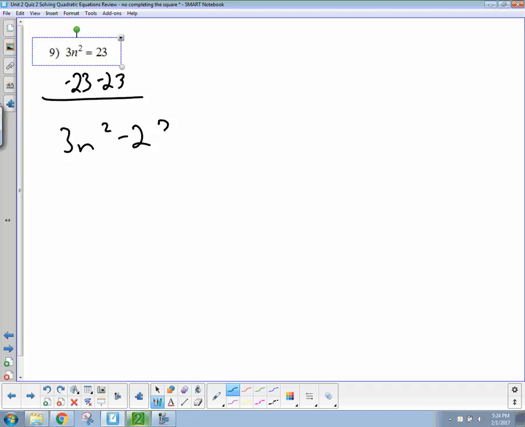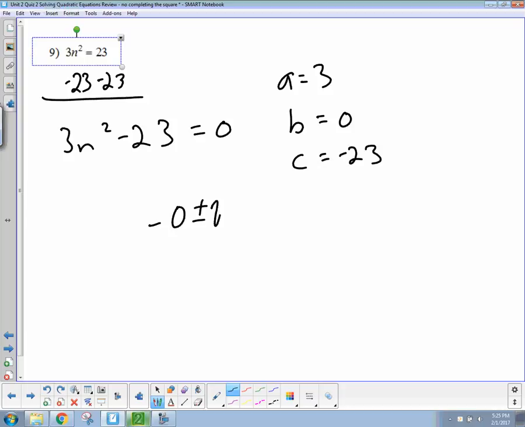Get your terms. A is going to be 3. B, there's no middle term, so that's a 0. C is going to be negative 23. Plug it in. So minus 0 plus or minus root 0 squared minus 4 times 3 times negative 23. Again, reference your formula sheet.